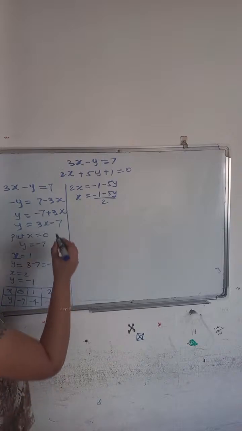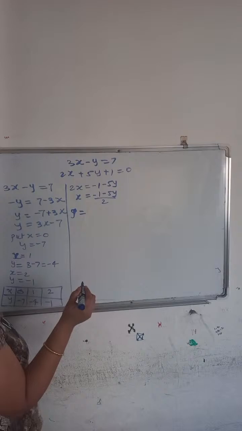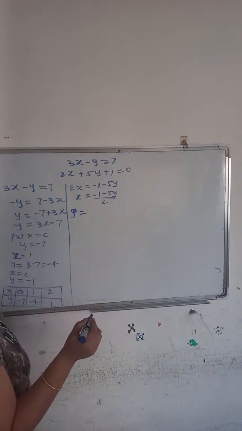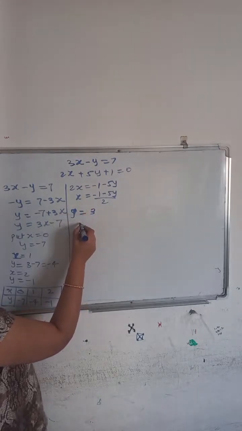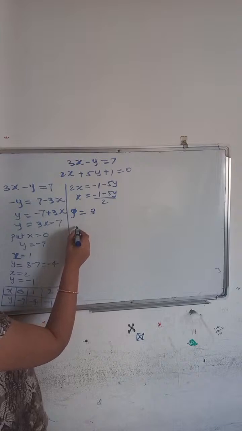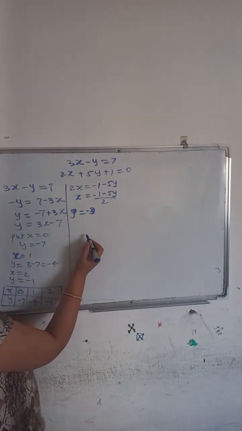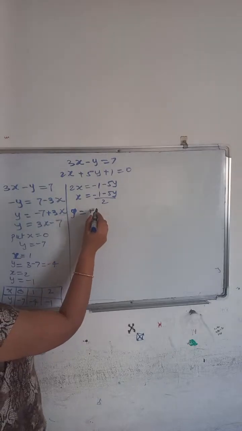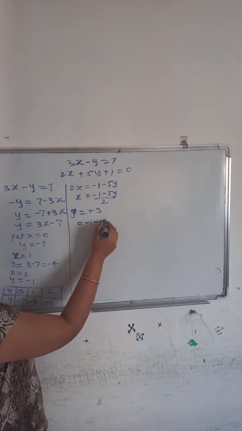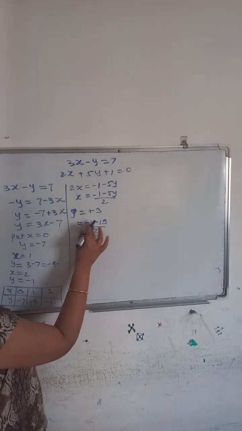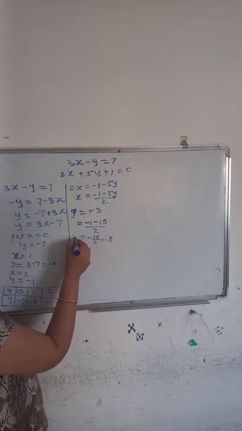So suppose I substitute y is equal to 3, then x is equal to minus 1 minus 5 into 3, that is minus 16 by 2, which is minus 8.